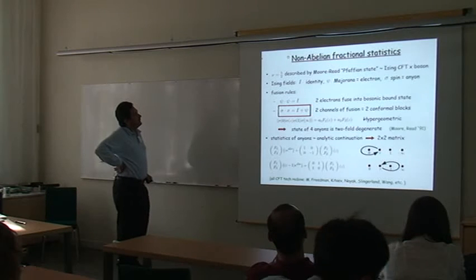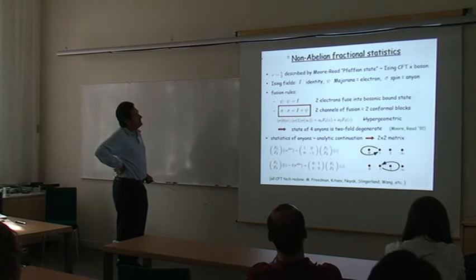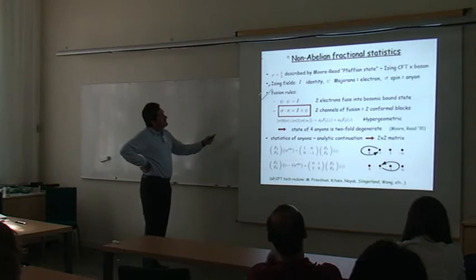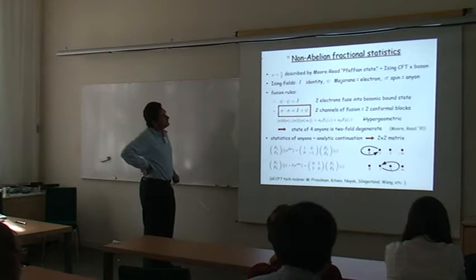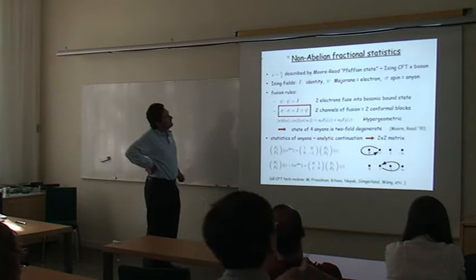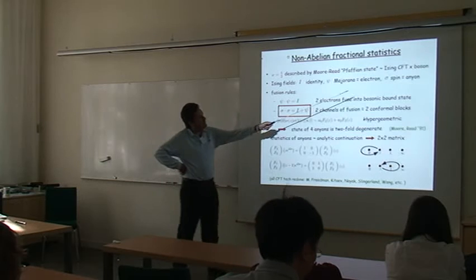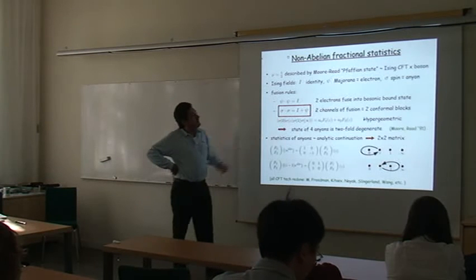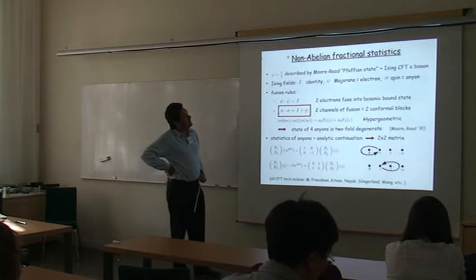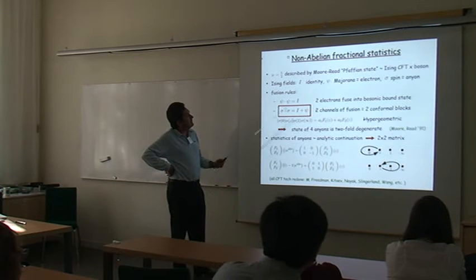The best known example could be realized in the five-halves state. The corresponding conformal field theory is a Luttinger liquid, a free boson, and then the conformal field theory of the Ising model, which is made of three fields.